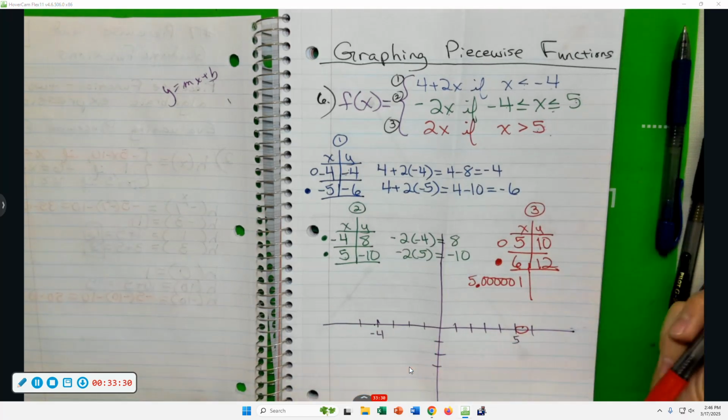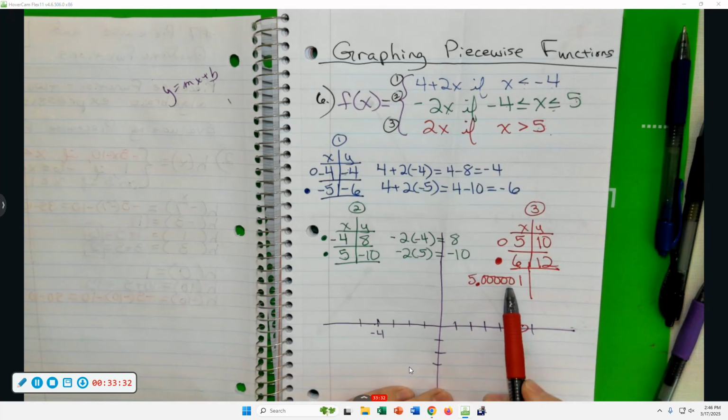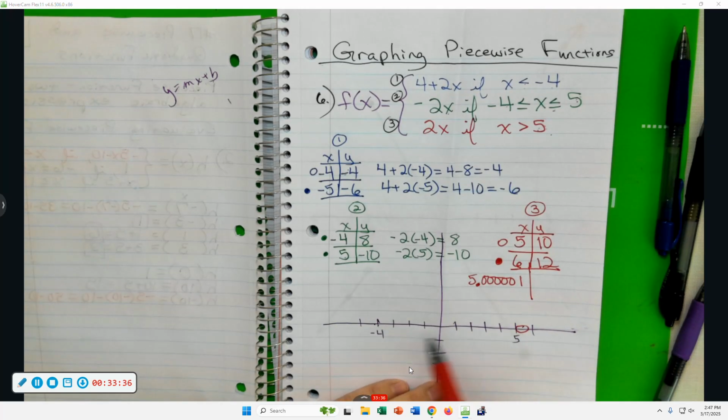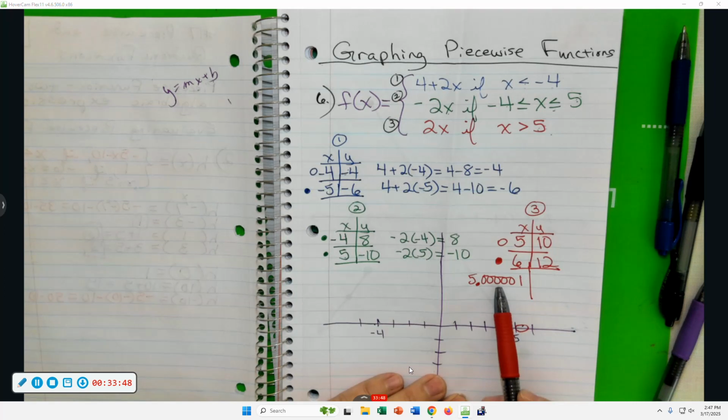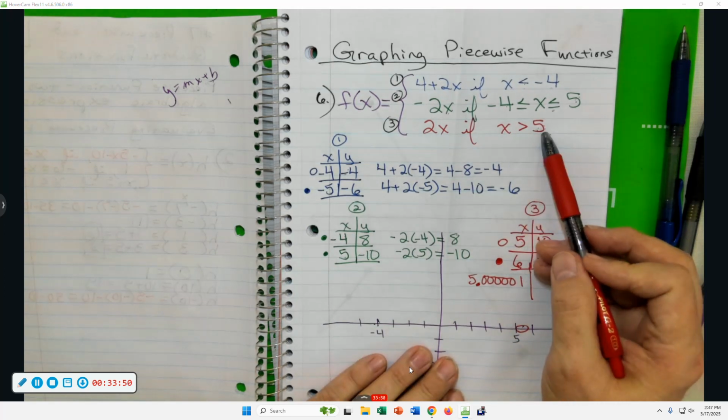If I told you to show this number to me on the x-axis, what would it look like I was pointing at? It looked like I was pointing at 5, wouldn't it? But this number is bigger than 5.